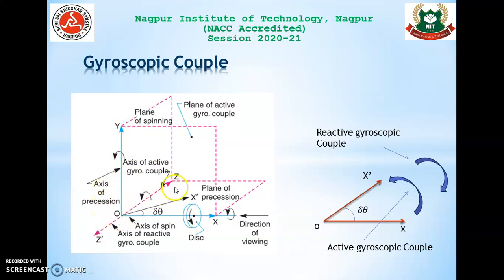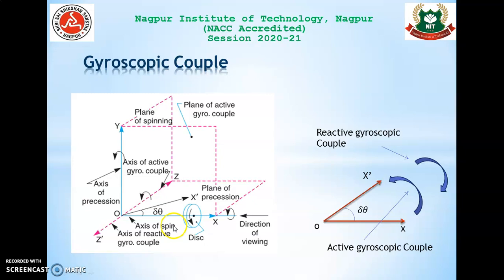The positive z axis is called the axis of active gyroscopic couple, whereas the negative z axis is called the axis of reactive gyroscopic couple.